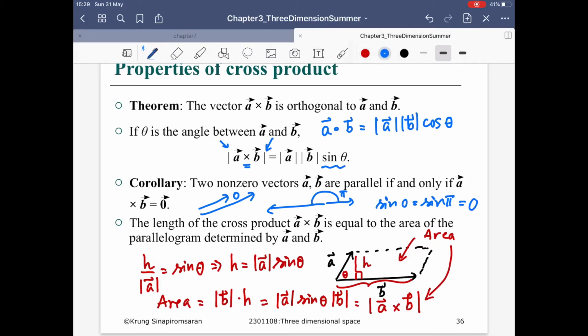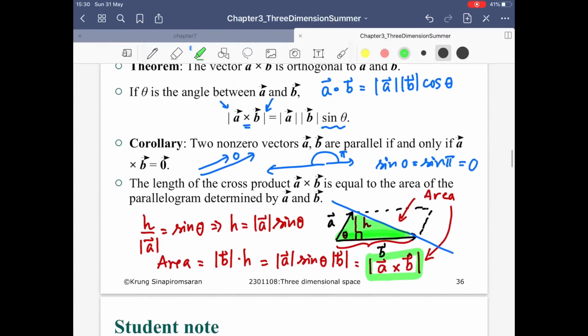Of course, if you want to find only half of that, the area of the triangle determined by the two legs A and B like this, it is simply half of the area of the parallelogram. So it's the same as the magnitude of A cross B divided by 2.